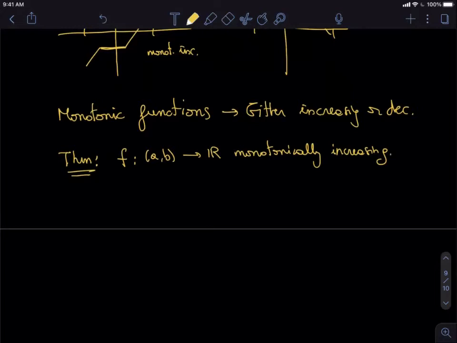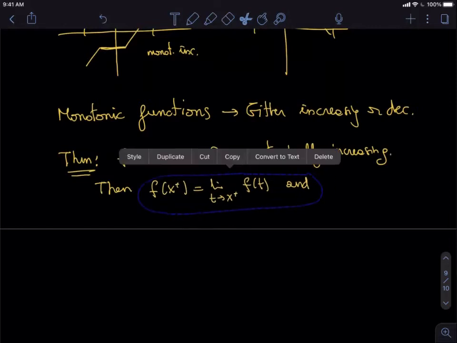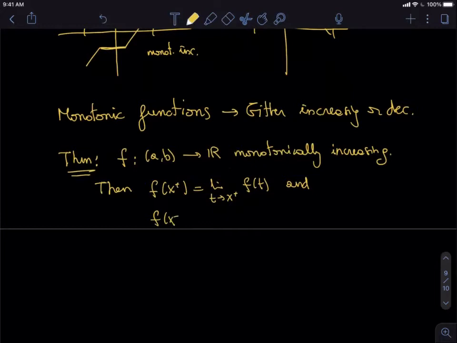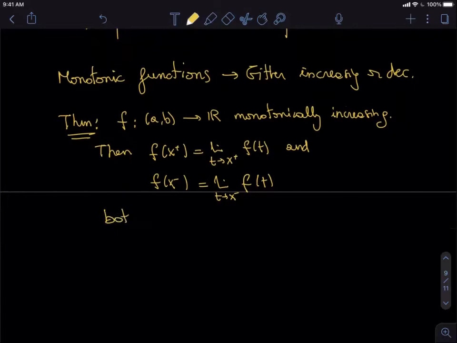The function is monotonically increasing, then the lateral limits f(x+), which is the limit as t tends to x from the right of f(t), and the limit from the left, the limit as t tends to x from the left of f(t), both exist.